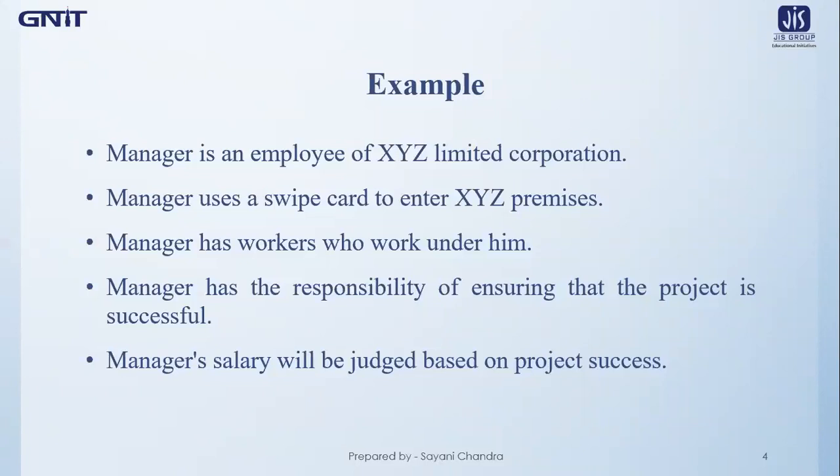Why? Because a particular set of workers will always work under a particular departmental manager. A particular set of workers can never work under a different departmental manager. That means the manager object owns the set of workers objects which work under him or her. So let's look at some other examples.